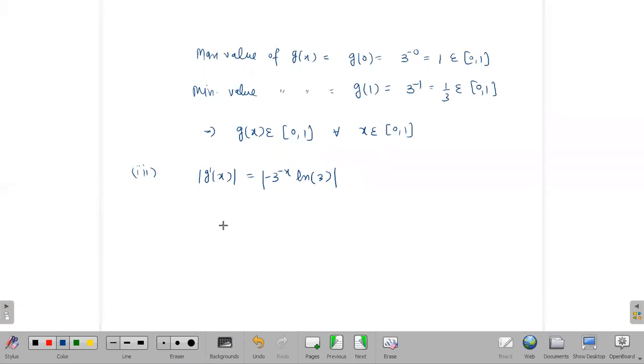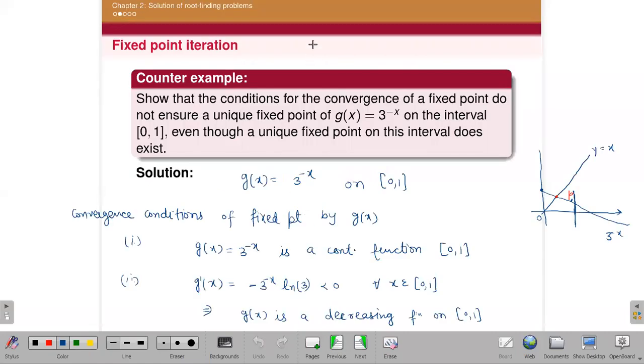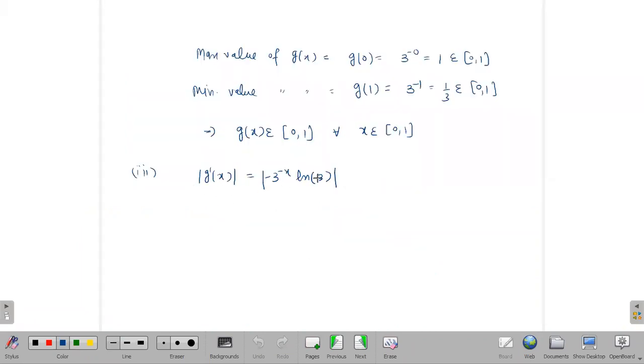Because I have to prove that the conditions are not satisfied, you have to show that the first two conditions are satisfied, but now look into the third condition. Let us check at least at the boundary points. If at any one of the points on [0, 1] it is not strictly less than 1, then we will say this condition is not true.